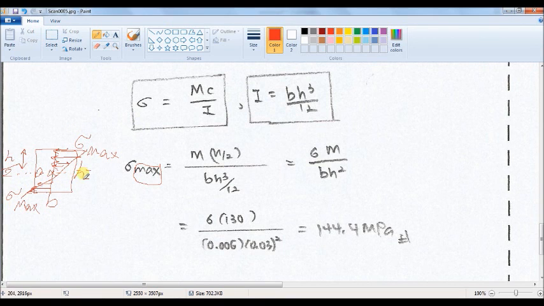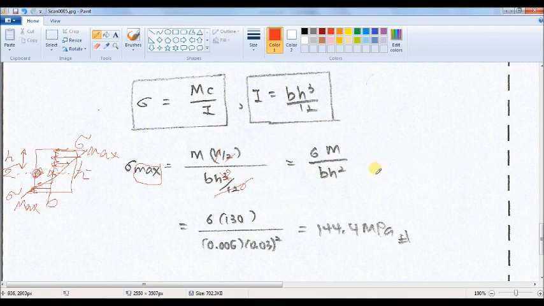So at the middle, at the neutral axis, the stress equals 0. Okay, so this maximum distance equals h over 2. So I will substitute h over 2 here. Then this can be cancelled by this, and this can be cancelled by this.